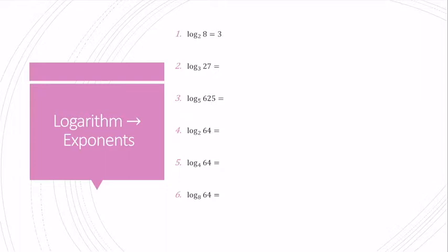So let's practice going back and forth, not only solving these logarithms, but going back and forth from logarithms to exponents. So log base 2 of 8 is 3. That means 2 cubed is 8. Log base 3 of 27 is 3, because 3 cubed is 27. Log base 5 of 625 is 4, because 5 to the 4th is 625.